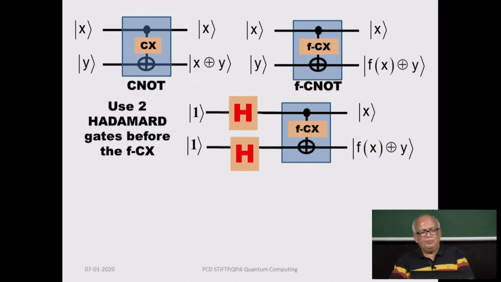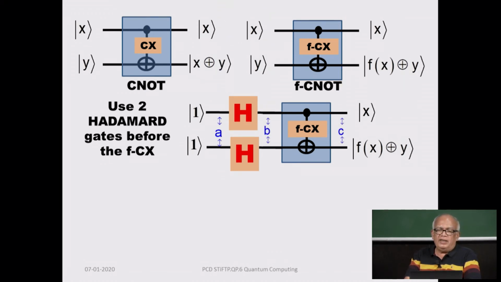Now, what you do is begin with pure states 1, but pass them through the Hadamard gates before they enter the function control NOT gate.